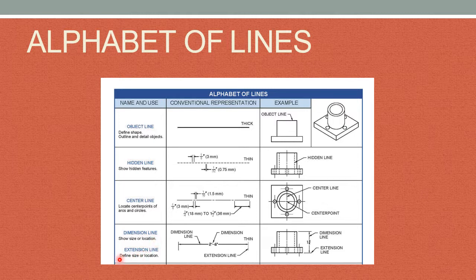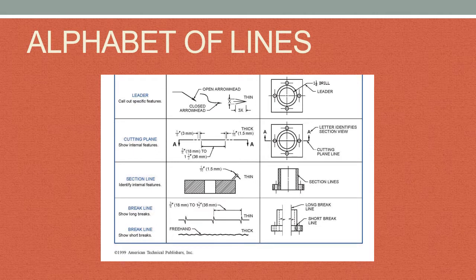The extension line defines the size. So this extension line defines that the measurement is from this point to this point. The dimension line shows what that dimension is.